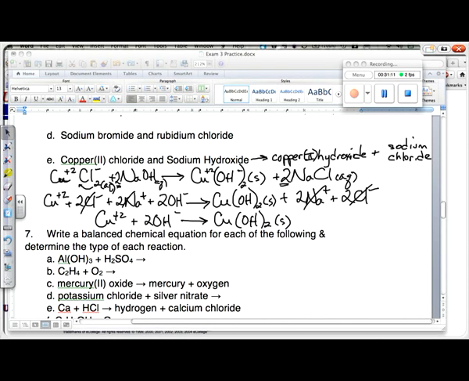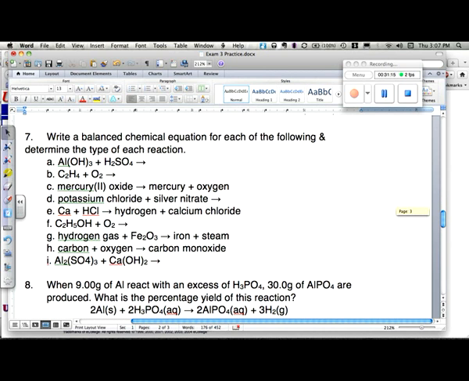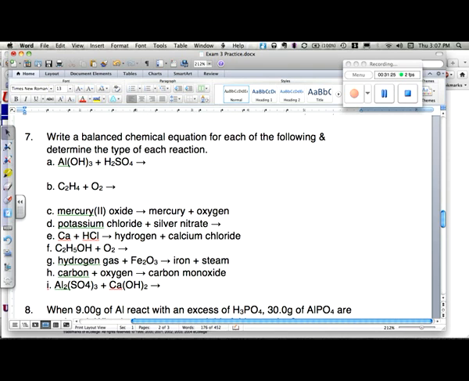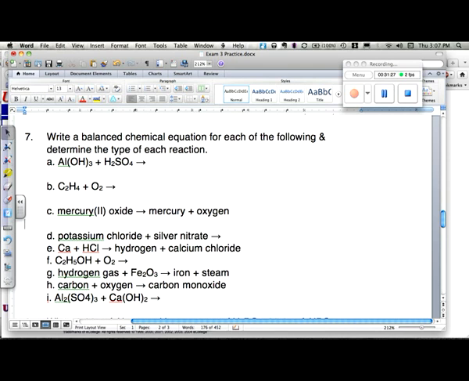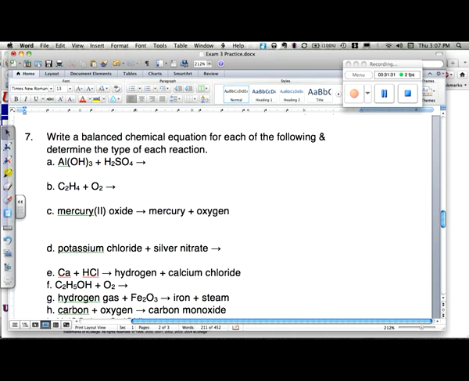Scrolling. All right, in number 7, we are writing a balanced chemical equation for each of the following and determining the type of reaction. Okay, so we are going to finish it up and talk about the type. Some of them we're just writing equations, some of them we have to come up with the products.